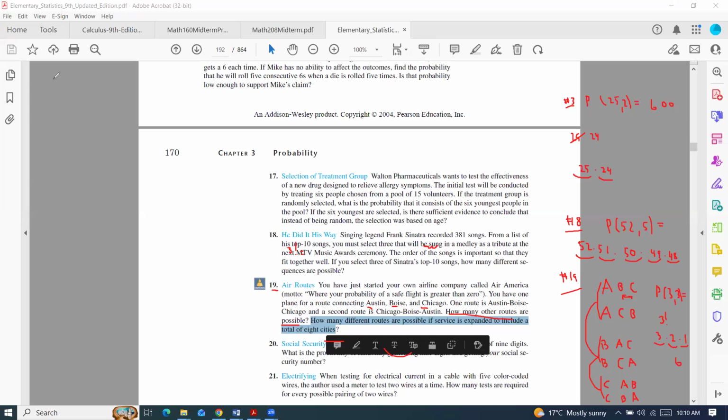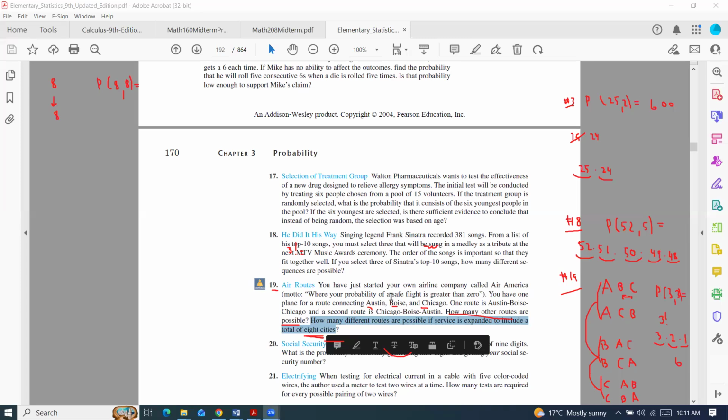So second part, if you have 8 cities and they want you to fly all of them, right? All 8 cities. So you choose all 8 out of 8. So it looks like, yeah, you can go permutations from 8, choose all 8. Very good. If you're paying attention, that's very good and impressive.